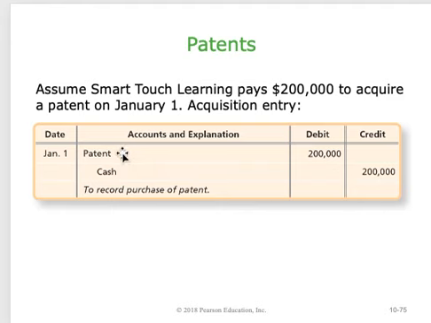Okay, so here's what it would look like. If you paid $200,000 to acquire a patent, you would debit the patent account and credit cash. And that is an intangible asset because a patent represents something that might be an idea or a recipe, not necessarily like a desk or a piece of equipment. So it's called intangible because sometimes you can't touch it.